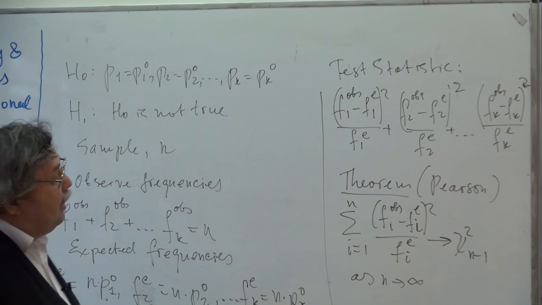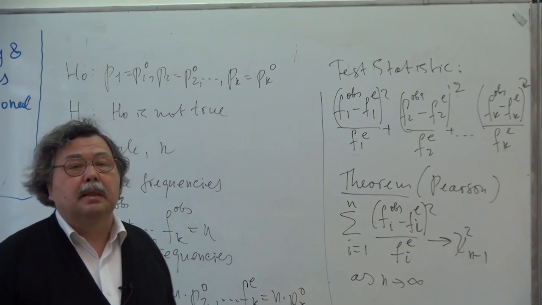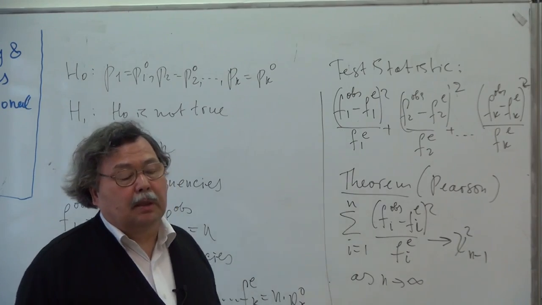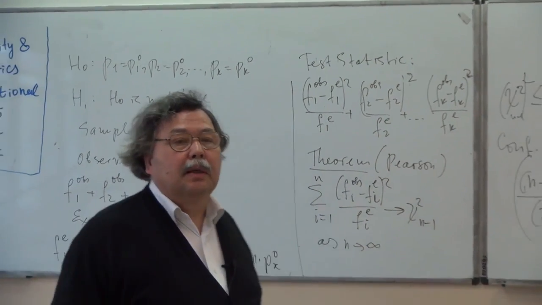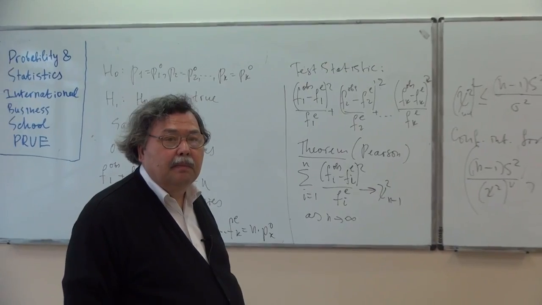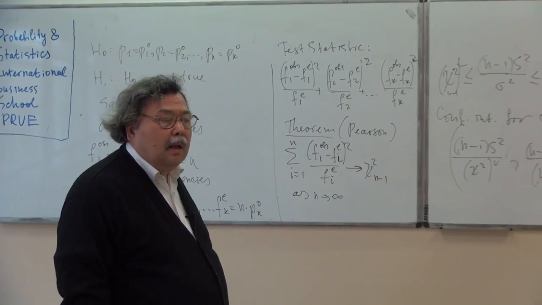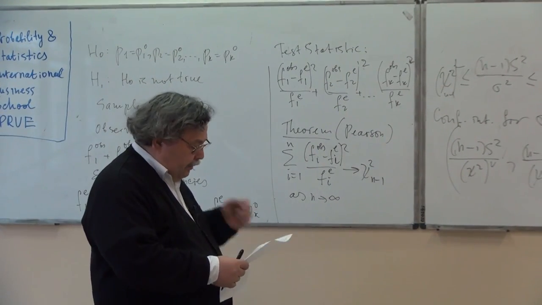So in the limit, this statistic follows the chi-squared distribution with k minus 1 degrees of freedom.